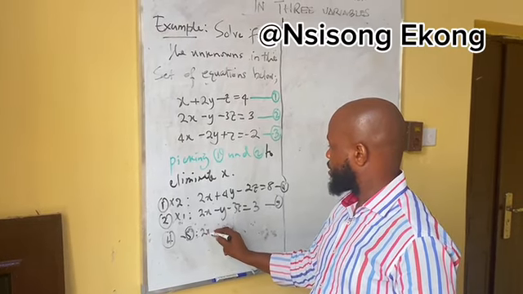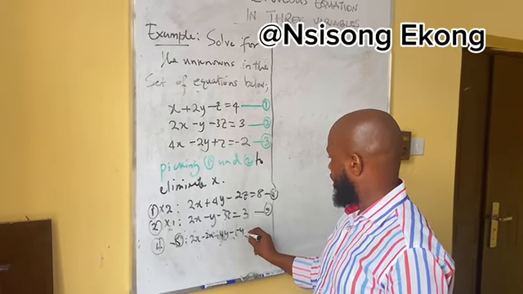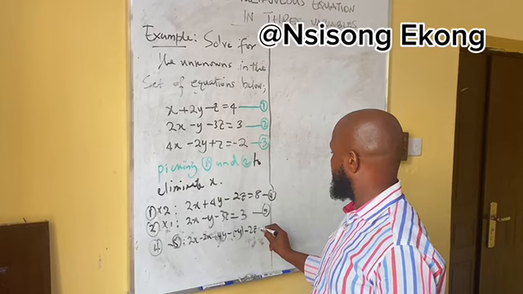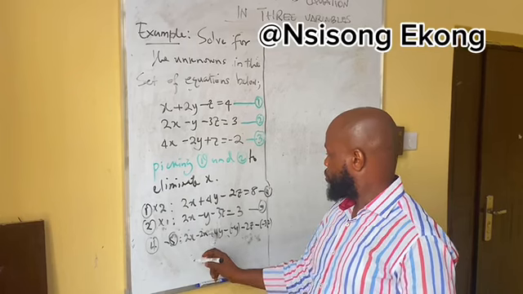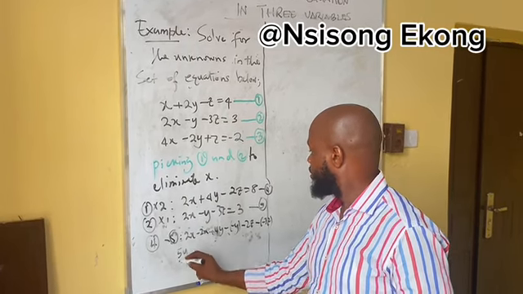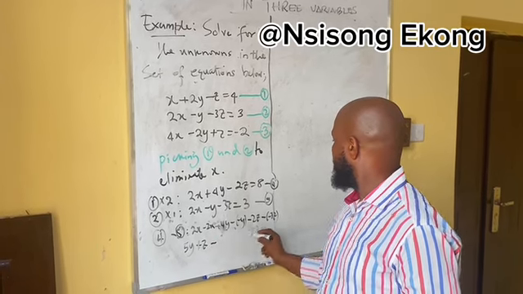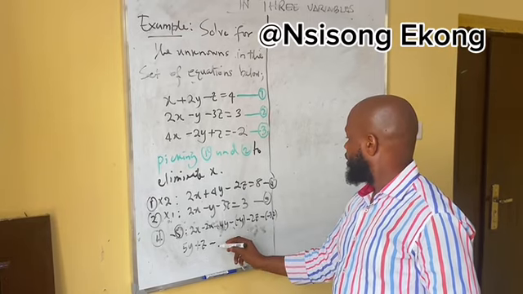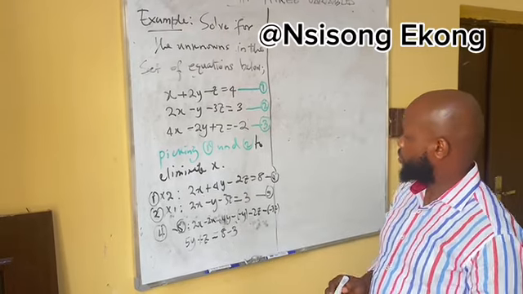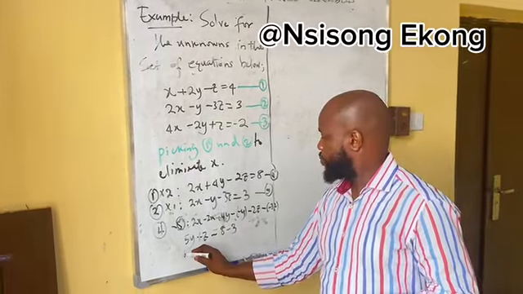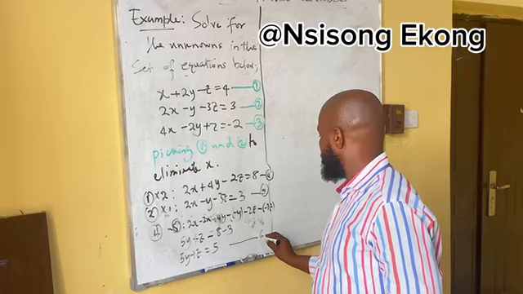Here we get 2x minus 2x, plus 4y minus y, minus 2z minus 3z, and that will reduce to 5y plus z equals 8 minus 3. And this will further reduce to 5y plus z equals 5. We call this equation 6.